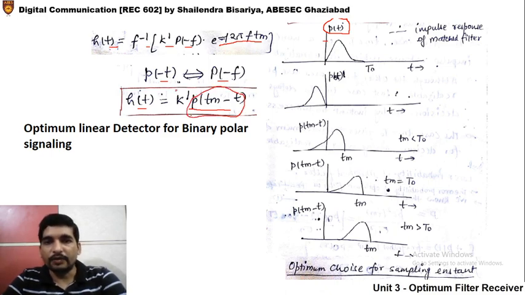We are just ignoring that constant, which will be the amplitude value here. So p(Tm minus t) means first we have to do p(-t), just the mirror image of this, and then shift it by Tm. Now we have to decide what the value of this Tm should be.